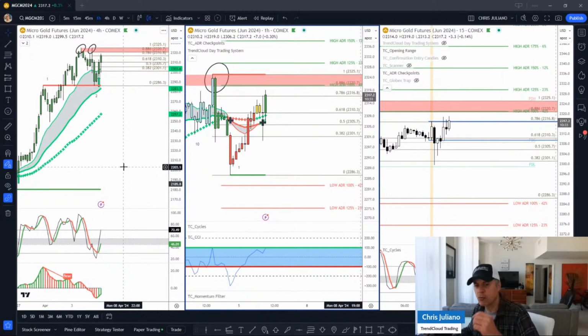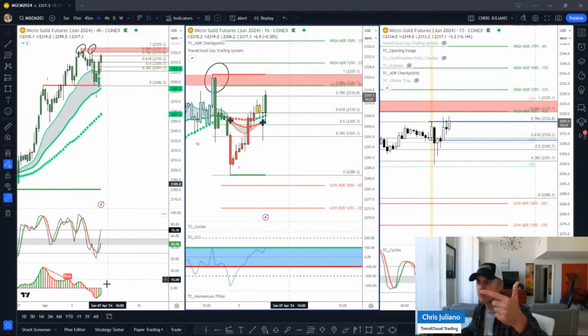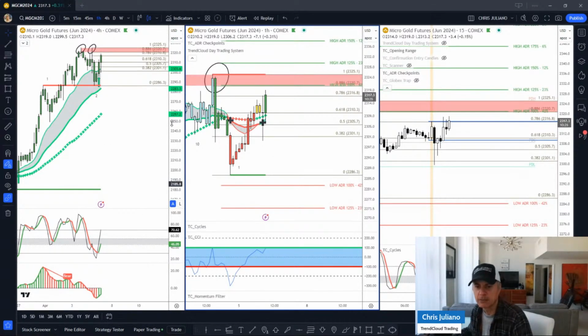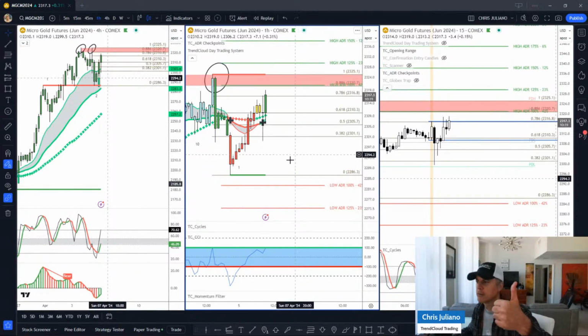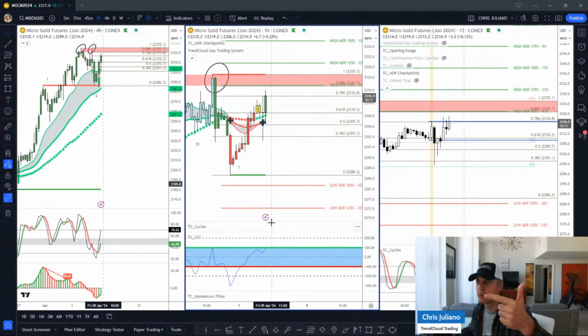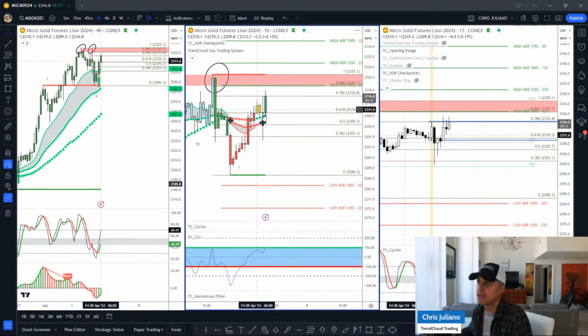Make sure they're all green, right? Trend, cycle, momentum, make sure it's all green. Then go to the middle time frame. Trend and momentum, right? Make sure those two things are green. We've got it here, and we almost got it here.